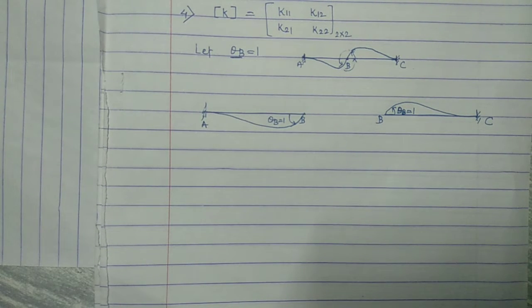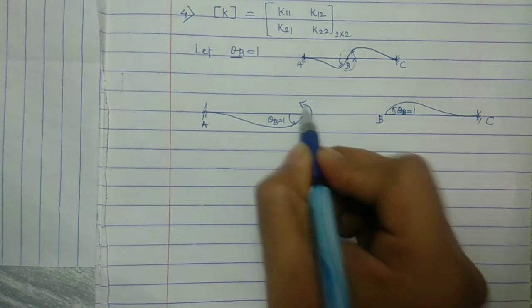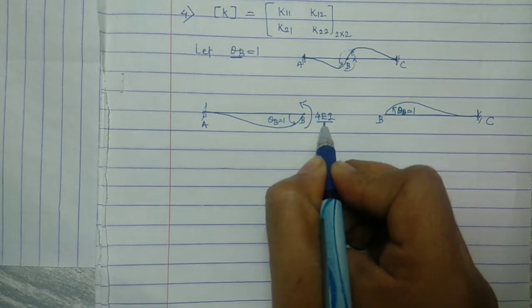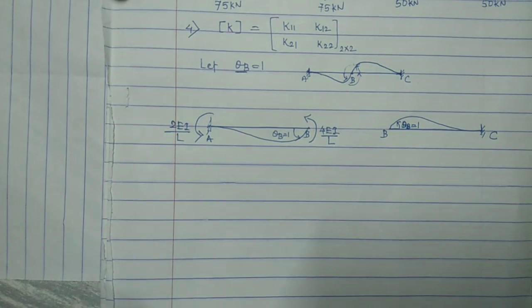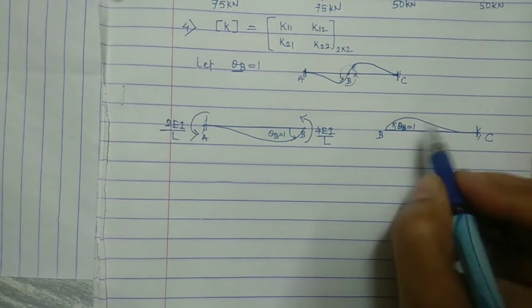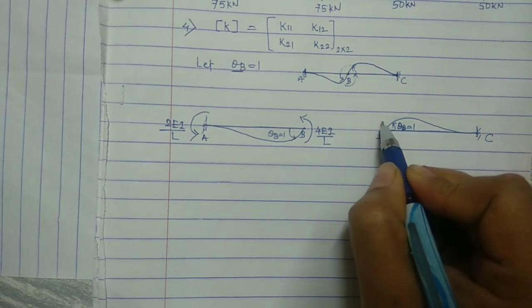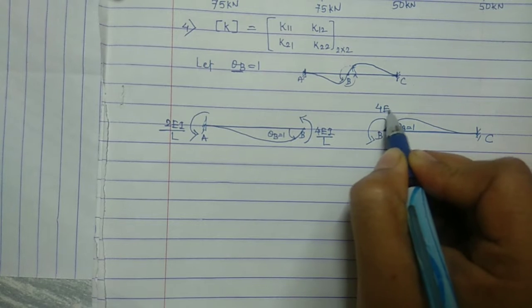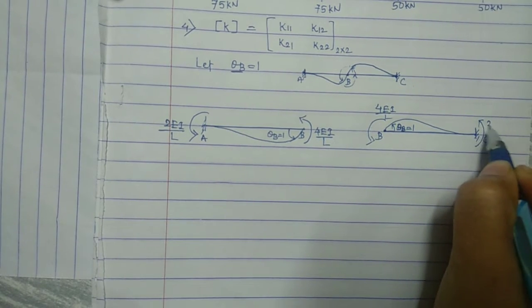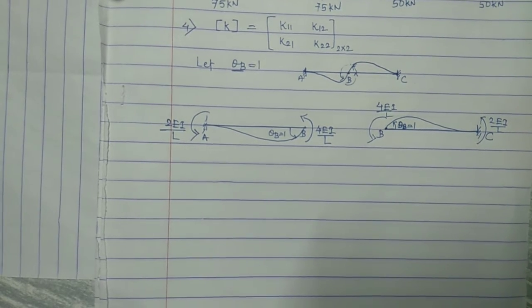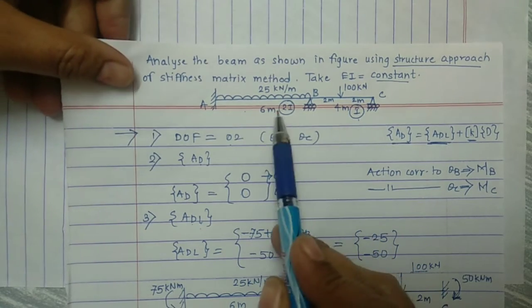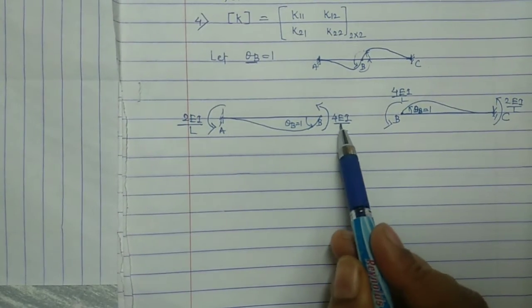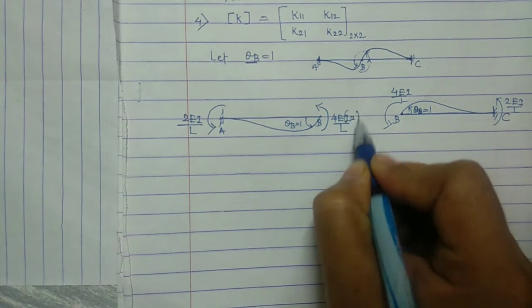Because of giving the unit rotation, the stiffness generated here is 4EI upon L, and at far end A, 2EI upon L. Similarly for member BC, the rotation is given at B, so the stiffness generated at B is 4EI upon L, at the far end 2EI upon L. For member AB, inertia is 2I and for BC it is I. You have to consider this in the stiffness.